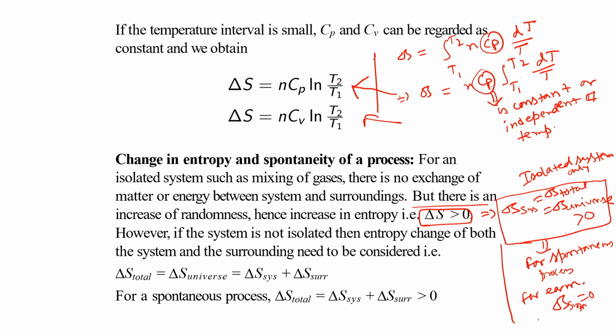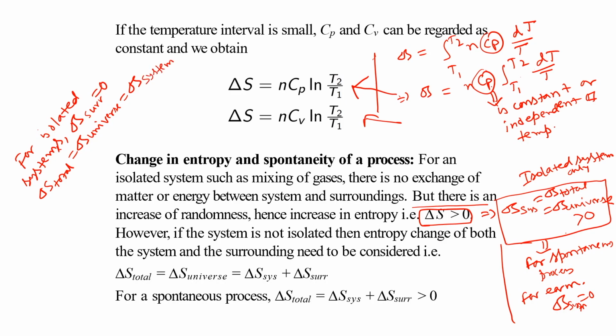Because for an isolated system, delta S surroundings is 0, it makes delta S total equals delta S universe equals delta S system.